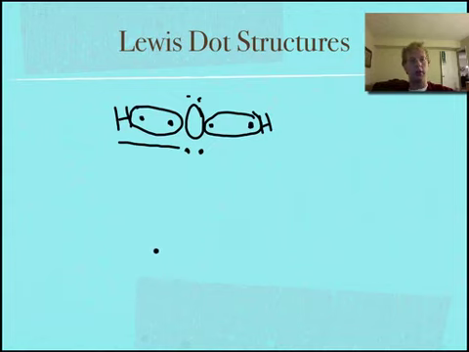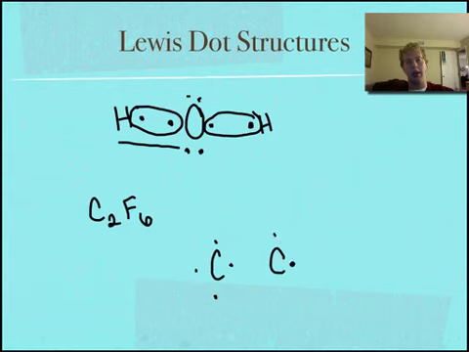When I do my Lewis dot structures, I always start with the element that's going to provide the most bonds. So let's say I wanted to create C2F6. Carbon has 4 valence electrons, and fluorine has 7 valence electrons. So carbon's able to form a lot more bonds.